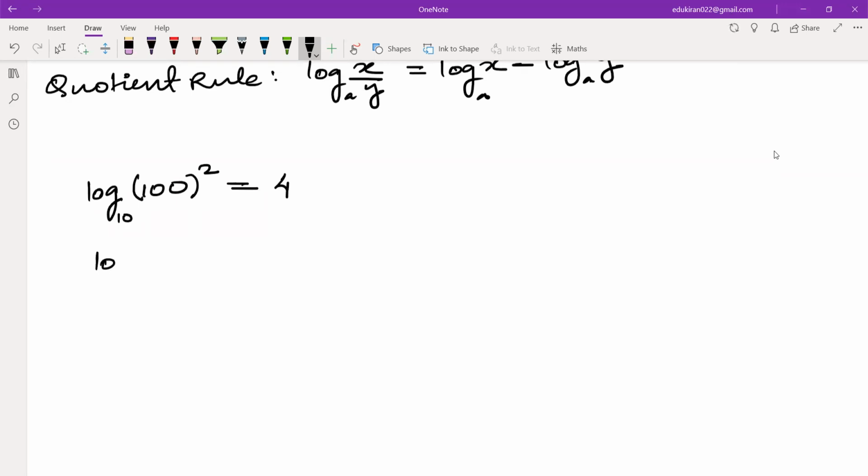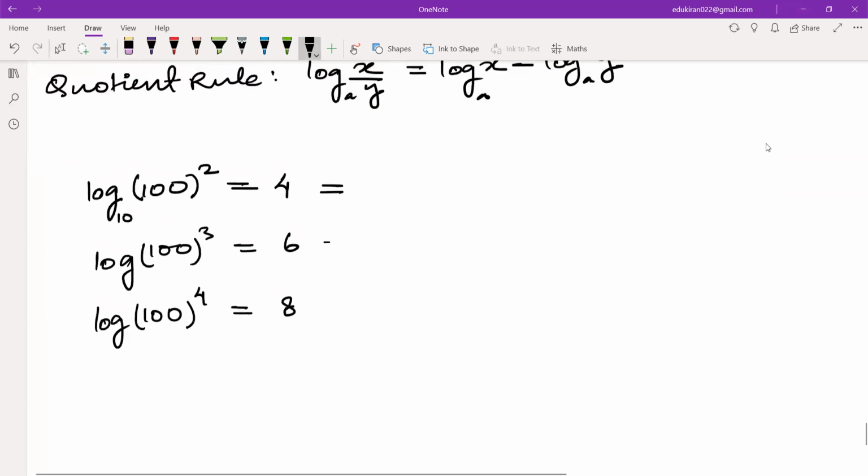So what will happen if I have log to the base 10 and 100 cubed? 6. Log of base 10, 100 to the power of 4? 8. Can you see some pattern here?